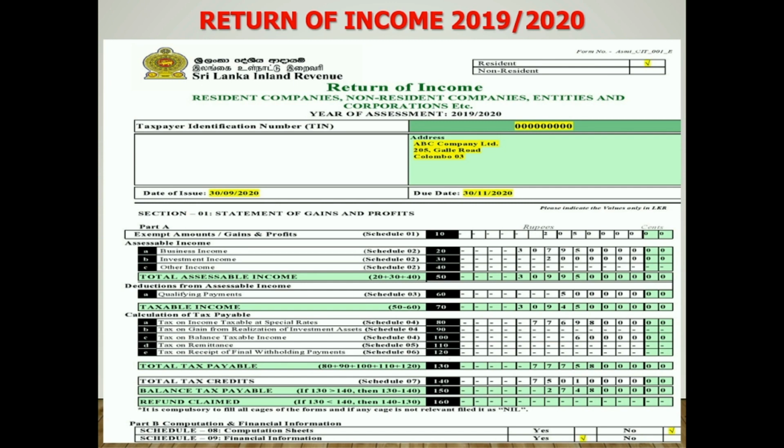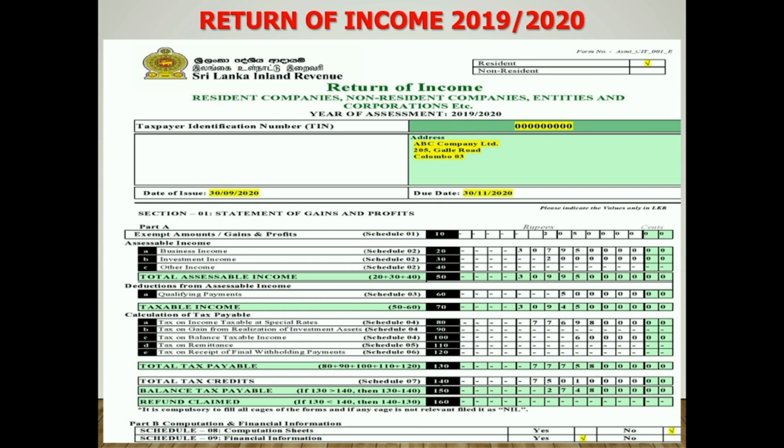So schedule 8 and schedule 9 are not compulsory for this year of assessment as well. Therefore, if you are attaching your schedule 8 to the return of income, then you don't need to submit your manual tax computation.